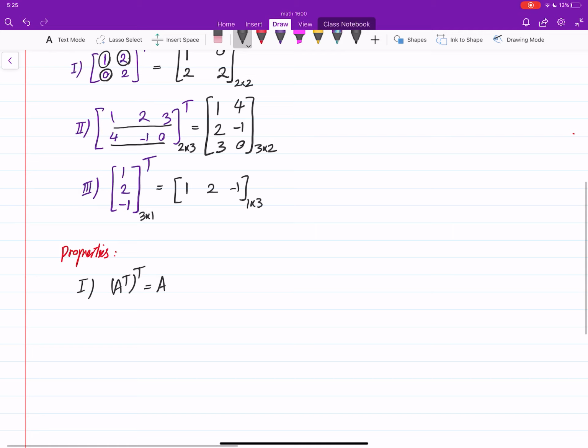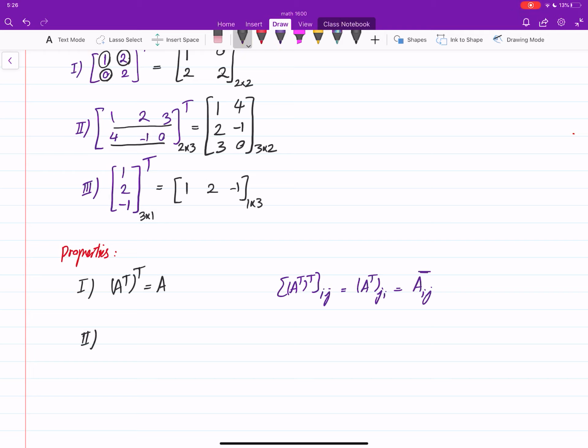In other words, the ij entry of A transpose transpose is the ji entry of A transpose, which is the ij entry of A itself. That means that A transpose transpose is equal to A.